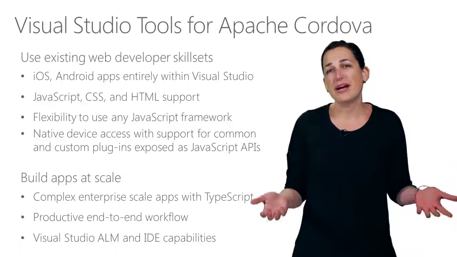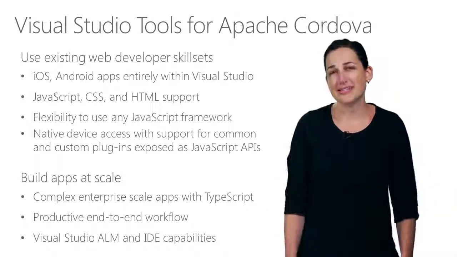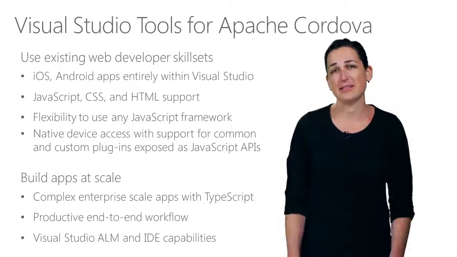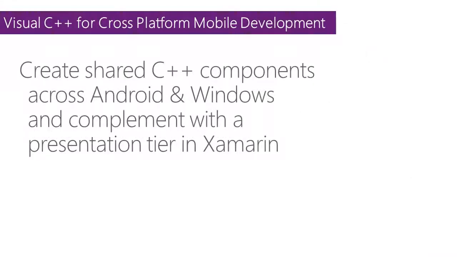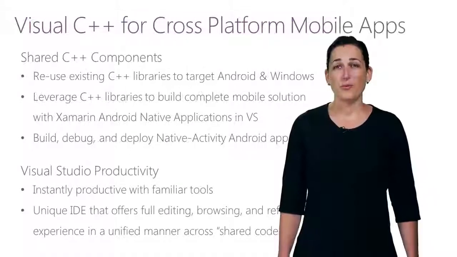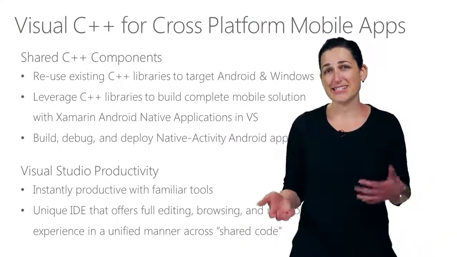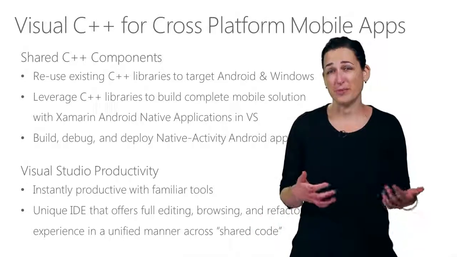It also supports creating the applications in TypeScript, an extension to JavaScript, which supports the productivity and scale of statically typed languages. New in this preview, you can create shared C++ components that will work across Android and Windows and complement it with a presentation tier written in Xamarin. With support for multi-device C++ in Visual Studio, you can reuse existing C++ libraries to target multiple platforms.